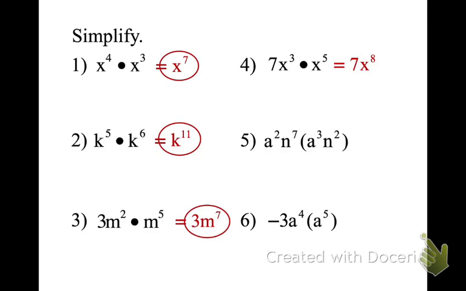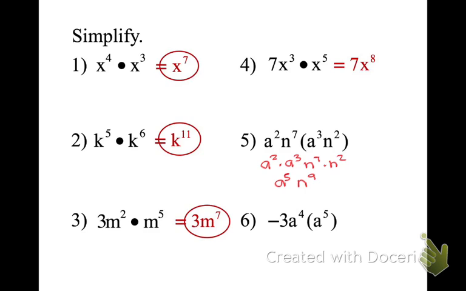We've just got to rearrange everything. Don't worry about that parenthesis. It means the same thing. So we're doing a to the 2nd times a to the 3rd, n to the 7th times n squared. And that simplifies to a to the 5th and n to the 9th. Nothing else we can do. Try the next one. Go.